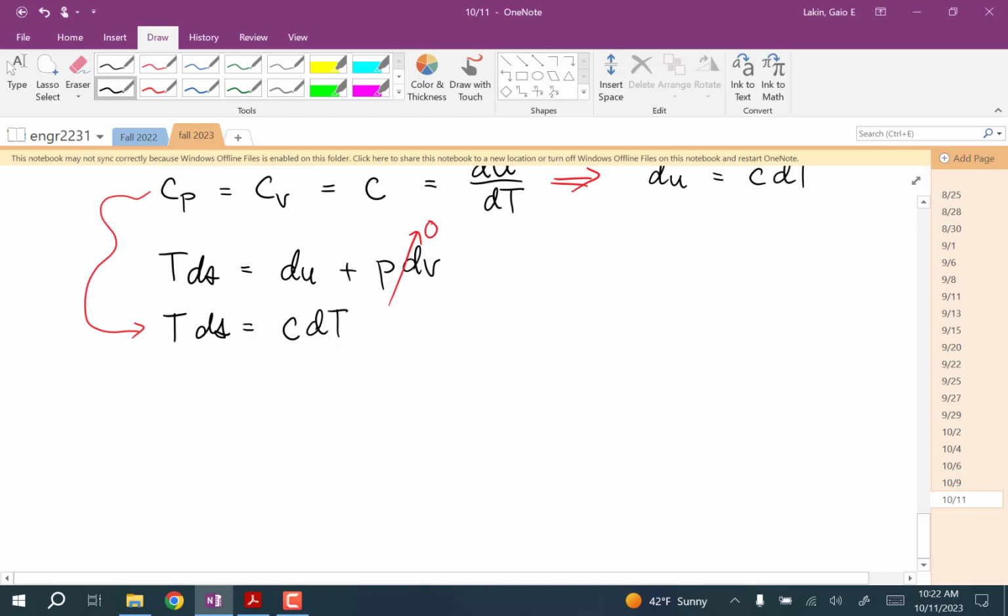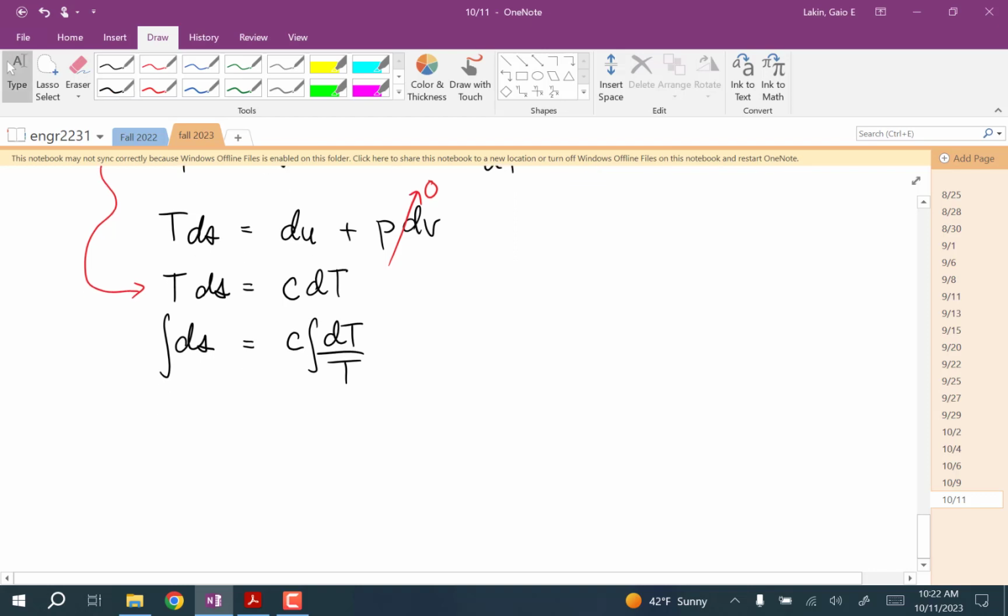And so now you can get all the S variables on the left side, all the T variables on the right side. And that lets you integrate. That C is just a constant, so you can pull that out. And you get that the change in specific entropy is equal to C times the natural log of temperature 2 over temperature 1.